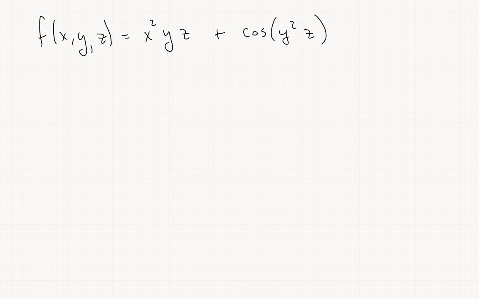Now, let me also do an example with 3 variables. So let's look at x squared yz plus cos y squared z. First let's find the first derivative. So do this f sub x. This is another notation for del f by del x.